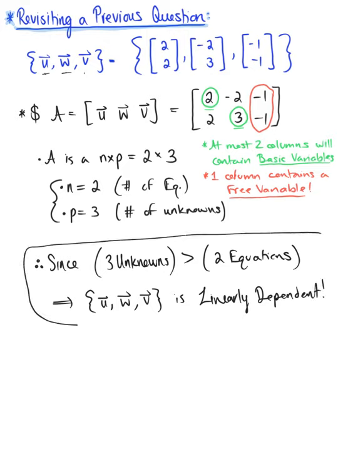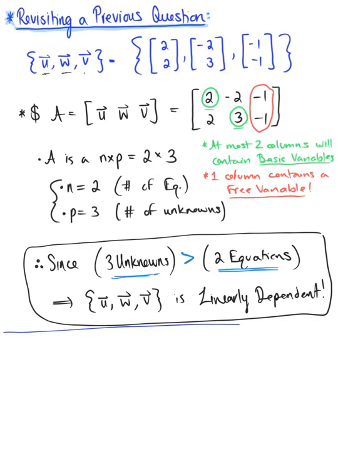Woohoo! So this is a nice shortcut that we can keep in mind as we're determining the relationship amongst a set of vectors. You just want to be careful that this only holds true when the number of unknowns is greater than the number of equations.